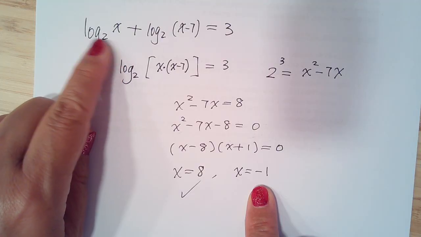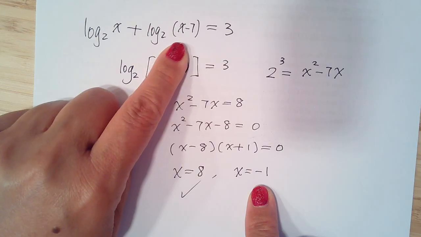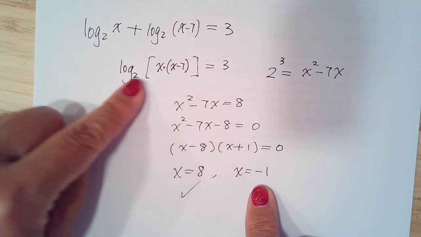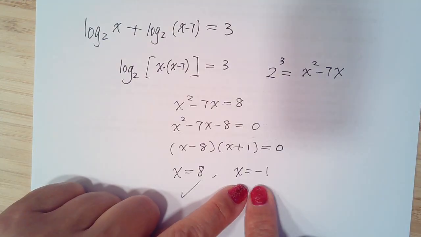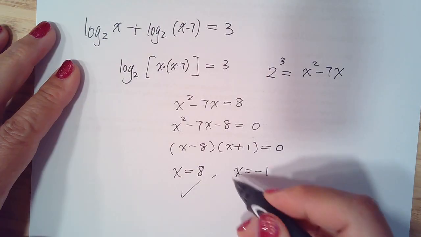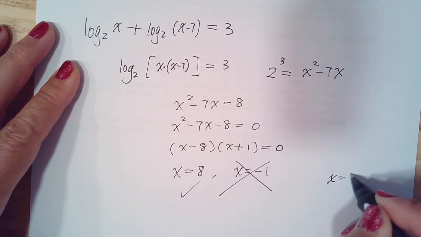Here is a log of negative 1. No, no. And this is log of negative 8. No, no, no. So even if you use this property, at the end you get x equals negative 1, but practically, it will not be a solution. So cross this out. So your answer will be just x equals 8.